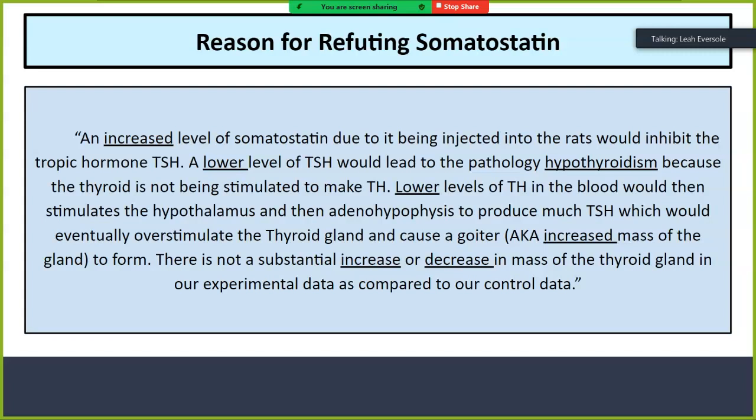There is not a substantial increase or decrease in mass of the thyroid gland in our experimental data as compared to our control data. And we also didn't see any difference in growth hormone evidence, which is also tied into somatostatin. So this is why we are refuting somatostatin.